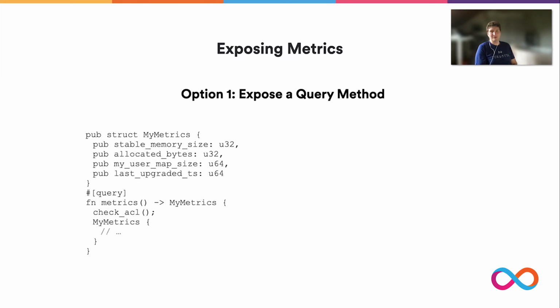If you don't want to advertise this data to the whole internet, you can check that the caller of this method is the one you expect. For example, you can sign queries on your private data structure and fetch metrics there, but you don't have to, of course. The benefit of this approach is that you get data in a very structured form, like Candid, for example.